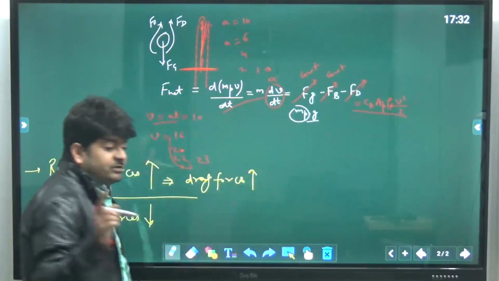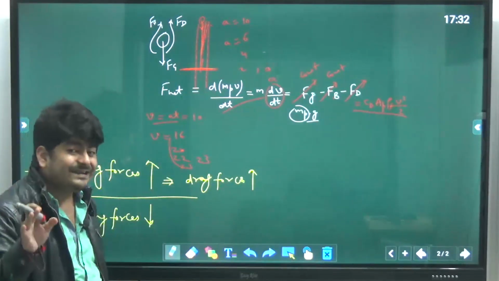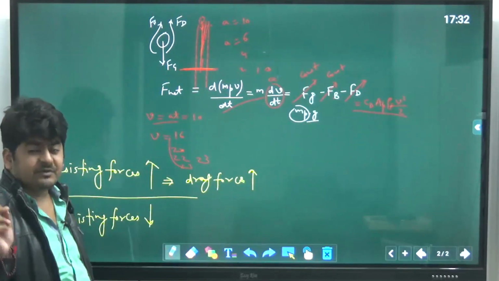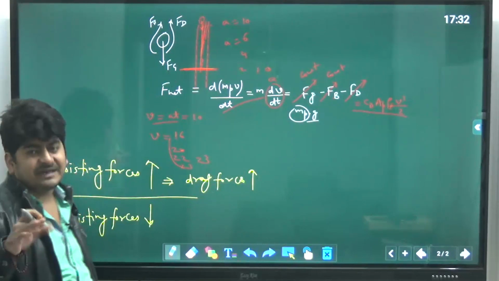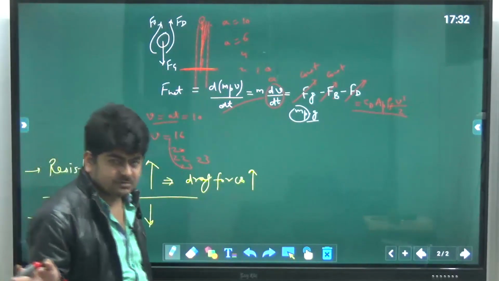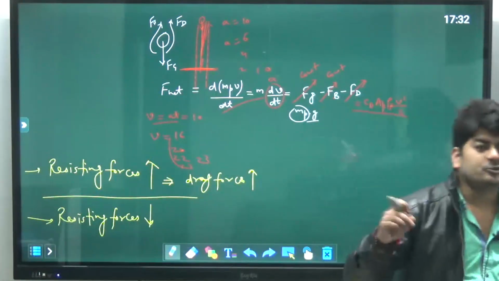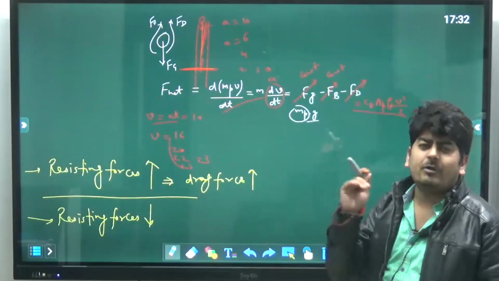So it should be clear to you that buoyancy force never increases. It remains constant until and unless the density of the fluid is changing. If density of the fluid changes, then obviously buoyancy force may change, but if that is constant, then buoyancy force will not change. Okay, and I hope you must have studied fluid mechanics, and you know that in almost all cases we take one common assumption.